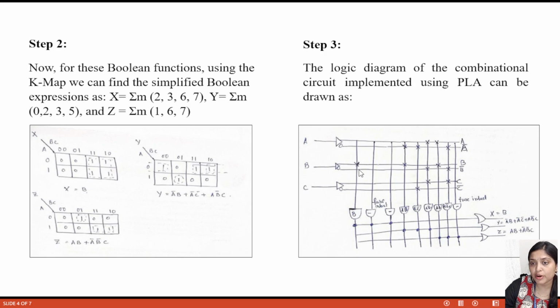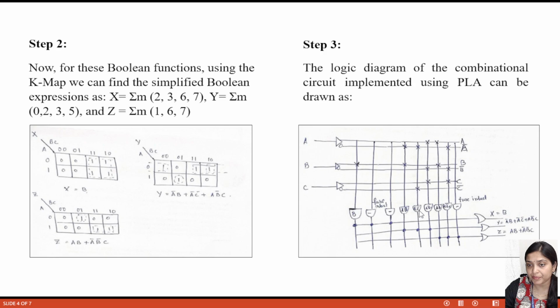Also, these cross points: this line is for B, so you have to make a connection here first. So this is the B connection. Here no connection, and here also no connection. Here A bar B means this line is A bar. We make a cross sign here, and for B we make a cross sign here.